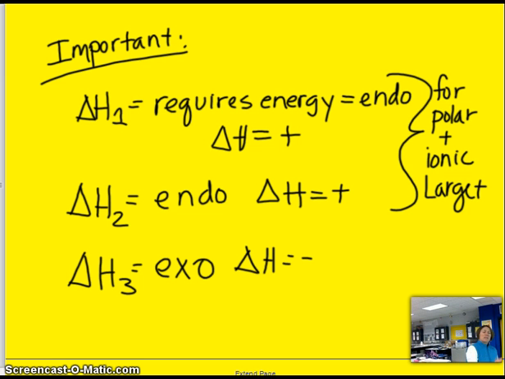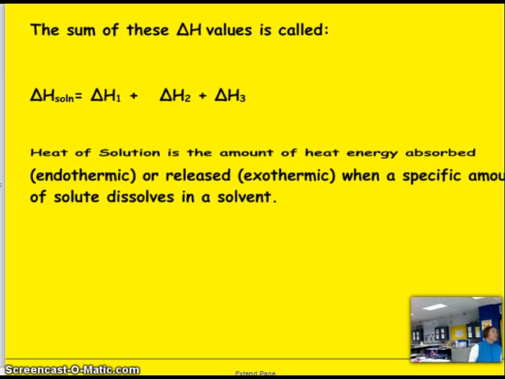It really happens to be a sum of these energies. So overall, the delta H of the solution is the sum of delta H1 and delta H2 and delta H3.